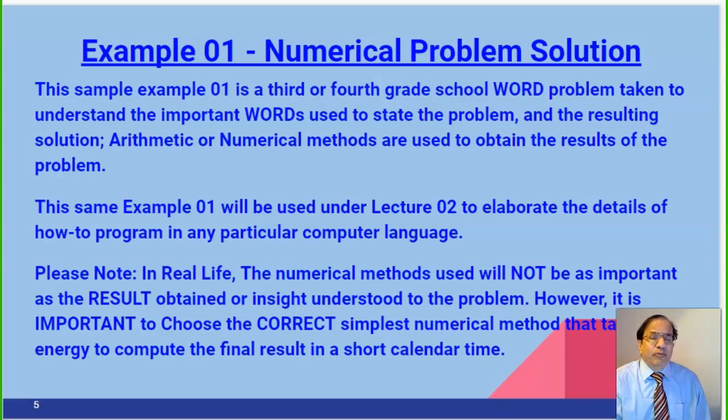This same example 1 will be used under lecture 2 to elaborate the details of how to program in a particular computer language. Please note, in real life, the numerical methods used will not be as important as the results obtained or the insight gained. It is important to choose the correct, simplest numerical method to compute the final results in a short calendar time.